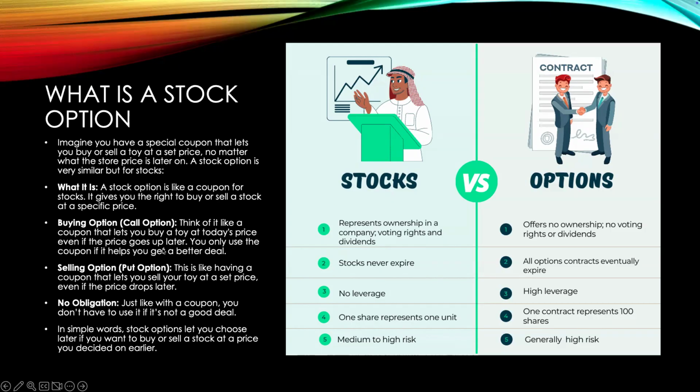Even if the price goes up later, you only use the coupon if it helps you get a better deal. Selling an option is like having a coupon that lets you sell your toy at the set price, even if the price drops later. No obligation. Just like with a coupon, you do not have to use it if it's not a good deal.